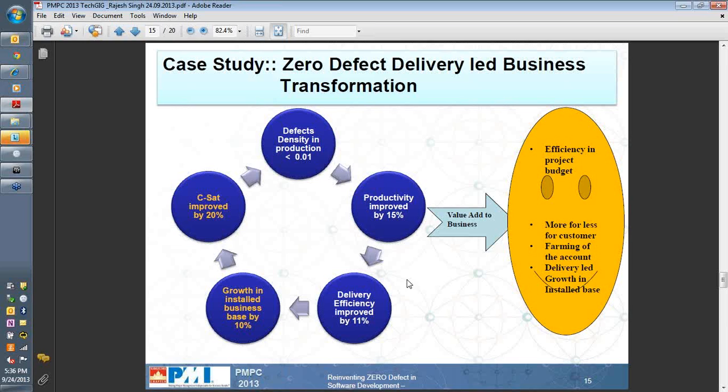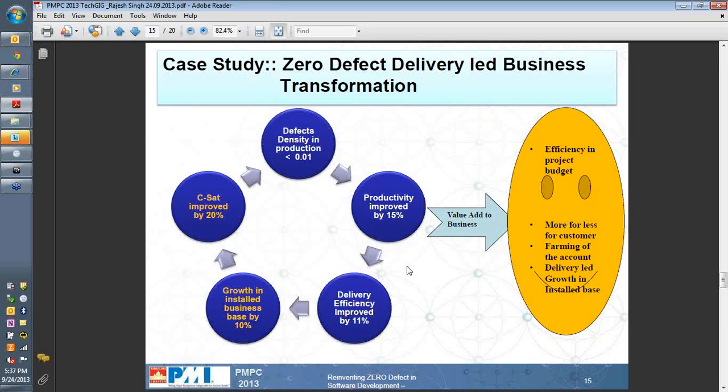We improved the delivery efficiency by almost 11%. You can ask me what the delivery efficiency is after this session. We increased the business growth on the installed base by almost 10%, and our CSAT rating improved by almost 20%. As of now, we are almost getting 100 out of 100 CSAT ratings on our deliveries.